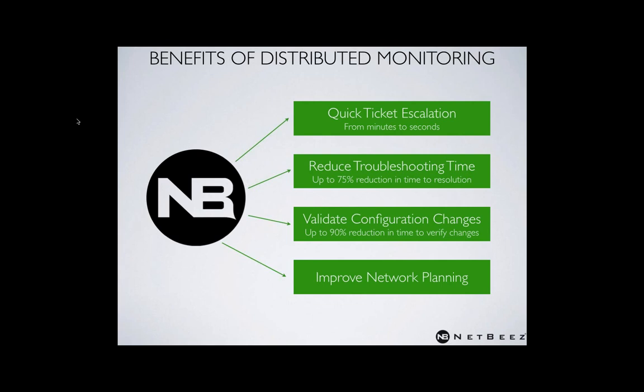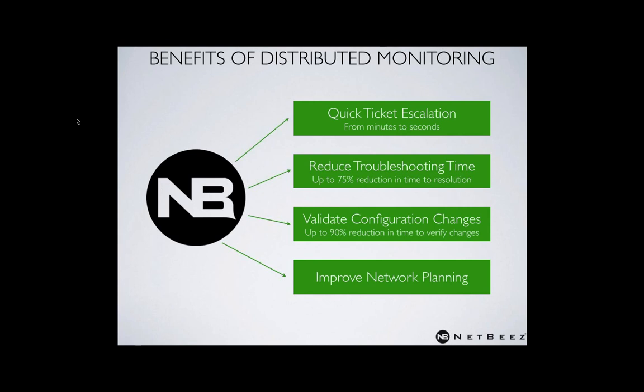We have wireless agents or external agents if you want to monitor from the internet user perspective, or virtual agents for data center or virtual environments. NetBees is able to perform active end-to-end tests at scale from all these agents and collect performance measurements in real time.